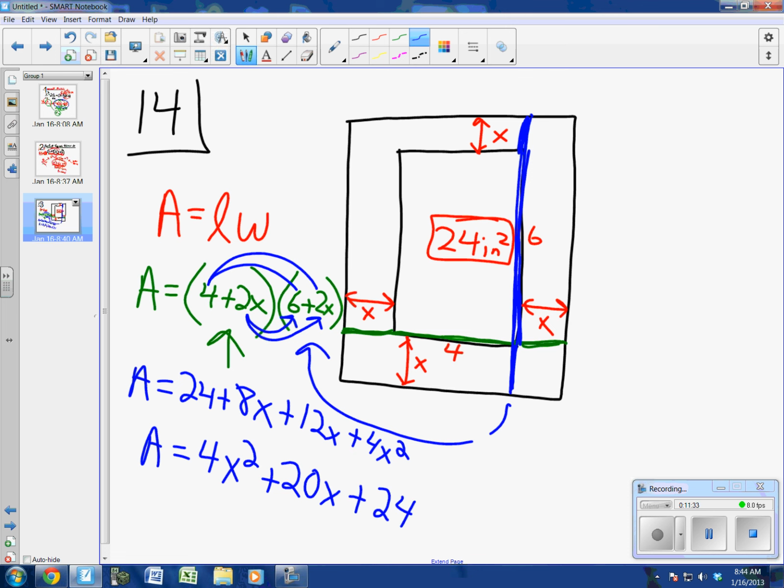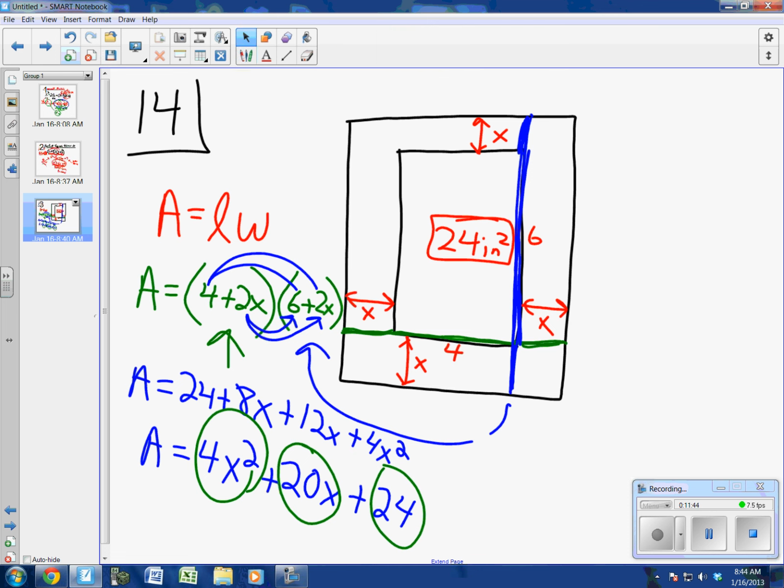And so the terms are 4x squared, 20x, and 24. Those are my monomial terms. We got it?